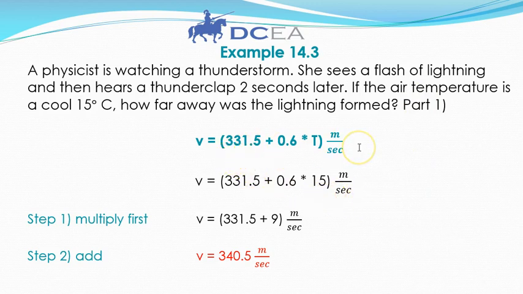So we take our formula and we substitute the 15 degrees Celsius into the formula. We now multiply the 15 by 0.6, which gives us a result of 9. And we add the 9 to 331.5. Our result for the speed will be 340.5 meters per second.